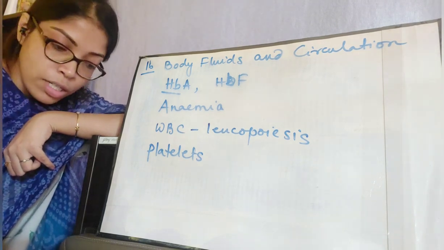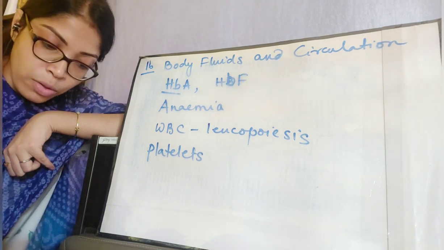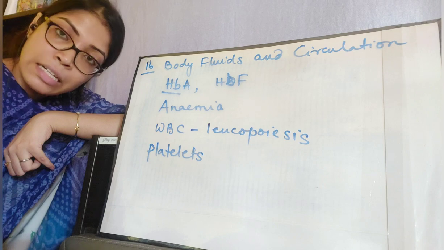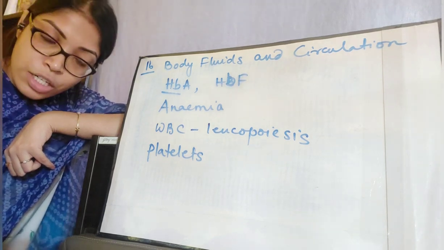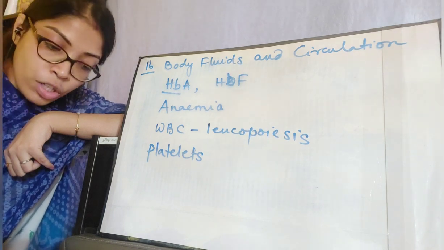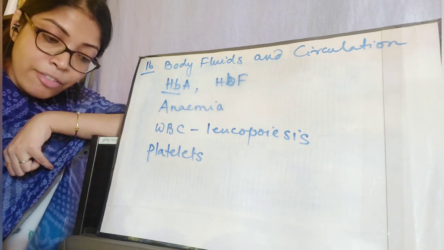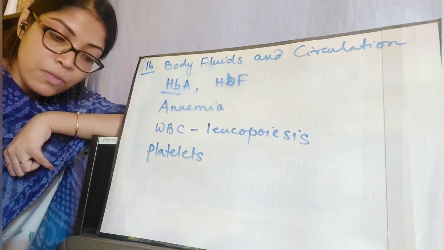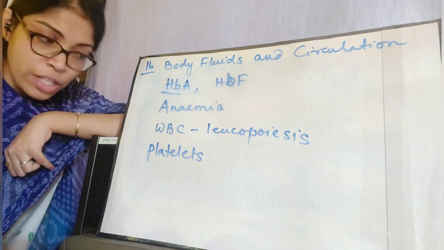They also do not contain a nucleus. Cytoplasmic fragments of giant cells of bone marrow are known as platelets or thrombocytes. So they are colorless, oval or disc shaped, biconvex, non-nucleated, and they are cytoplasmic fragments of the giant cells of bone marrow.